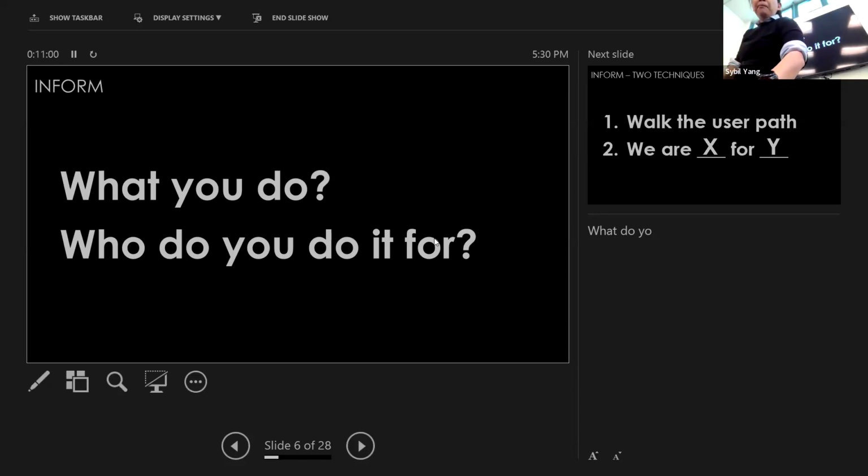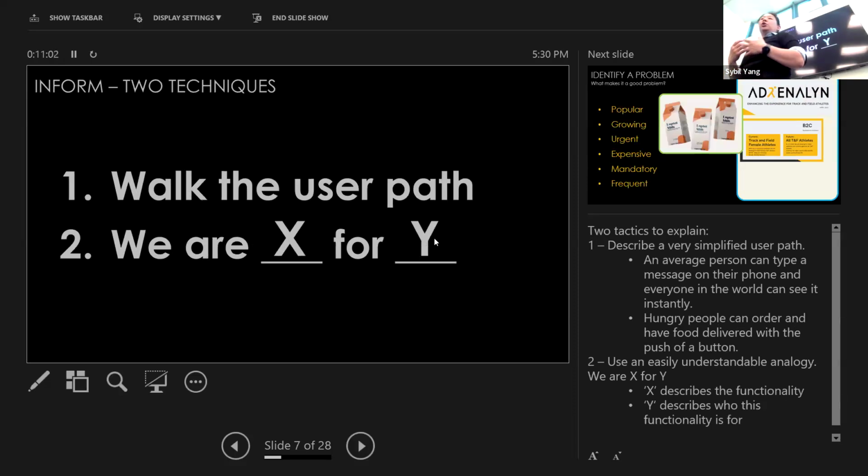Okay. One really good way to convey the what-you-do part of this is to tell a story and walk people through a user path. More entertaining, more visual pitch decks tend to get a picture and a story inside the audience's head.